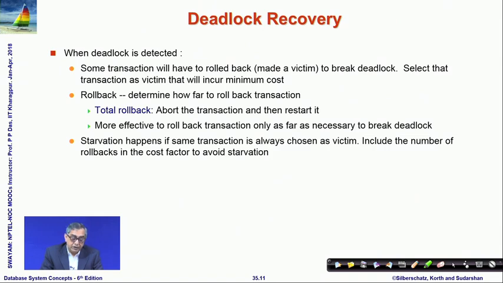That can be a total rollback, where you roll back the whole transaction, abort and then restart it, or you can roll back to a previous point. We discussed the notion of savepoints in the transaction program, and so it is more effective to roll back a transaction only as far as necessary to break the deadlock. You may not need to roll back everything.